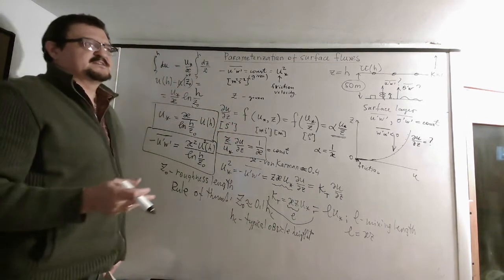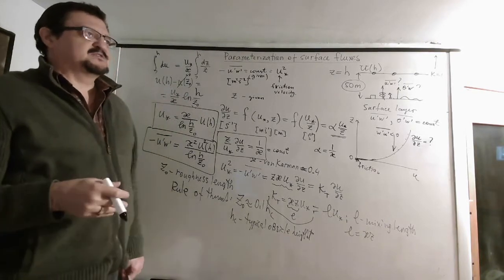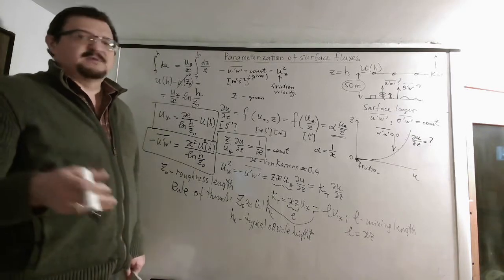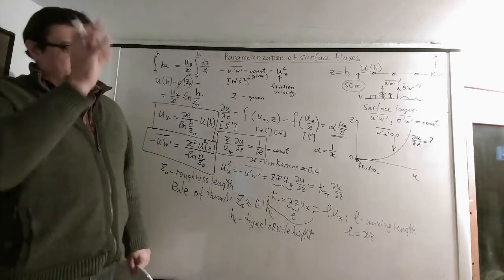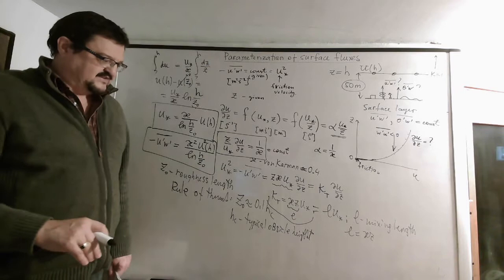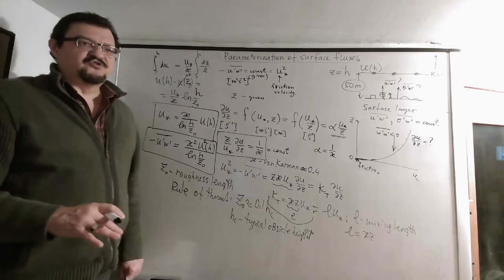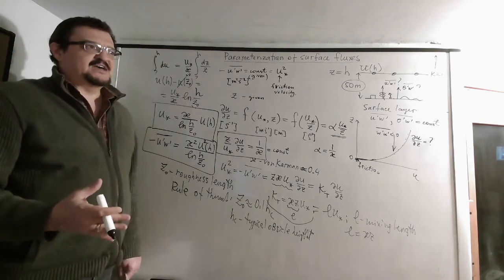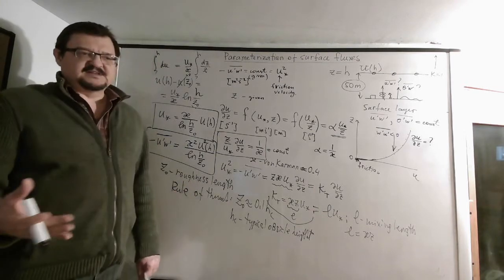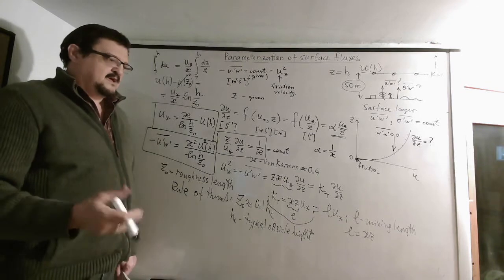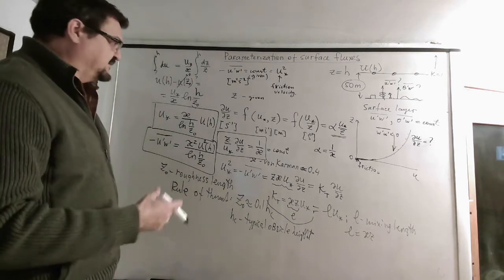Say a suburban area with a typical house height of maybe 5 meters, and trees around. Then z naught is something like 50 centimeters or so. Over grassland, the typical height of grass is, say, 30 centimeters, so a typical roughness length is maybe 3 centimeters, or 0.03 meter, and so on.